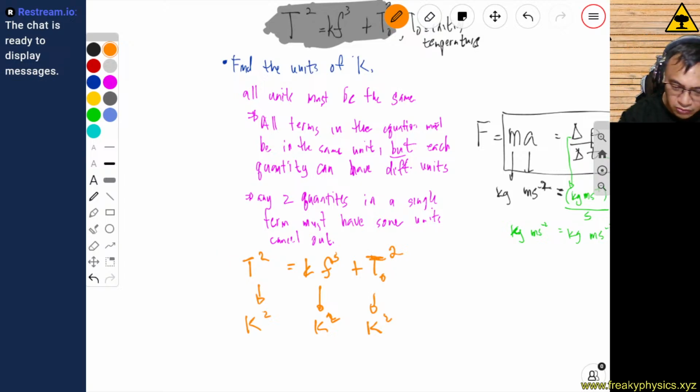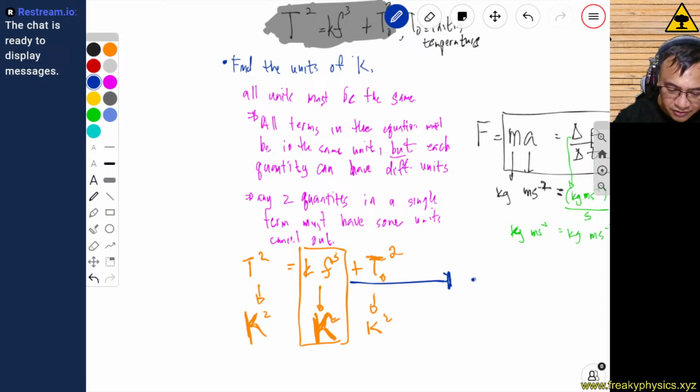Okay, so this is the first step. You know that the units are like that. Now we're going to focus here. I'm going to make that capital K to make it more clear. If we focus on here, I'm going to use blue now. The unit of K, F cubed, is in Kelvin, right?